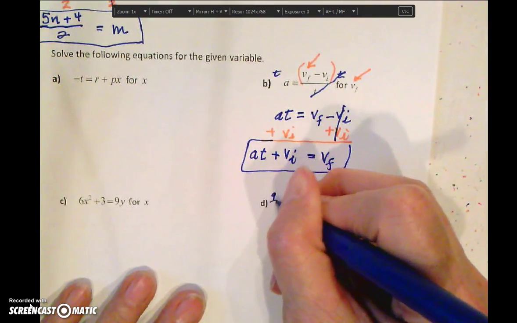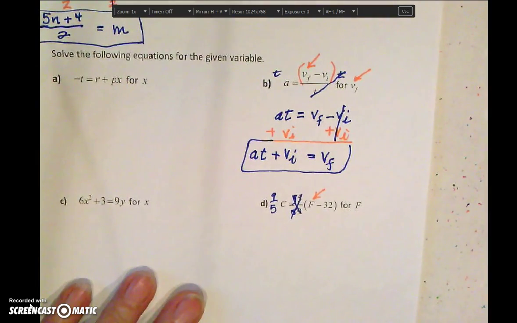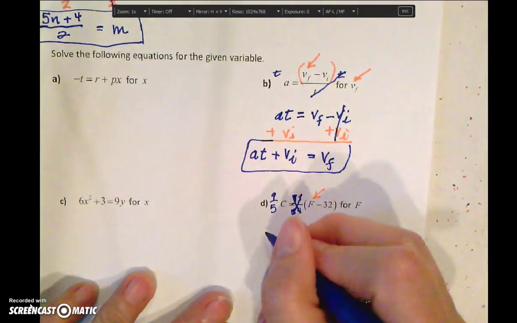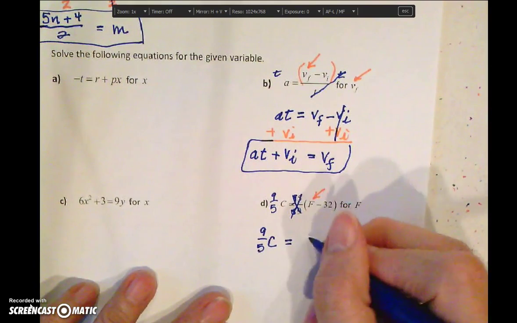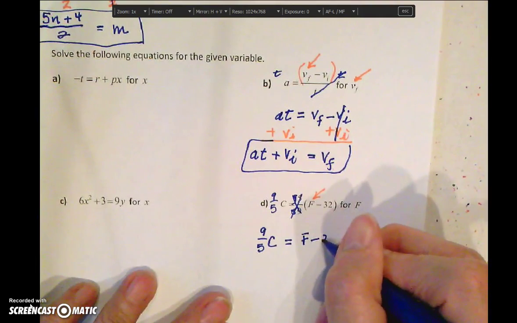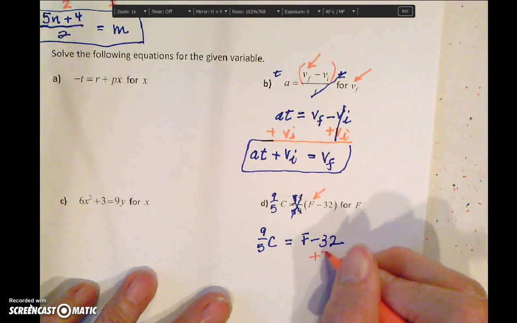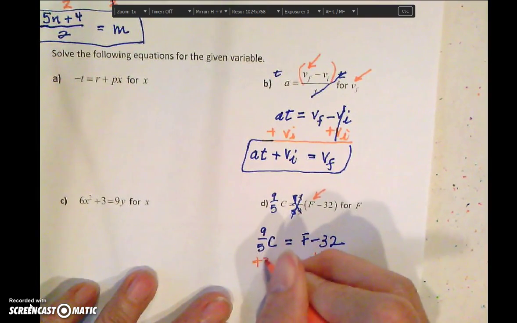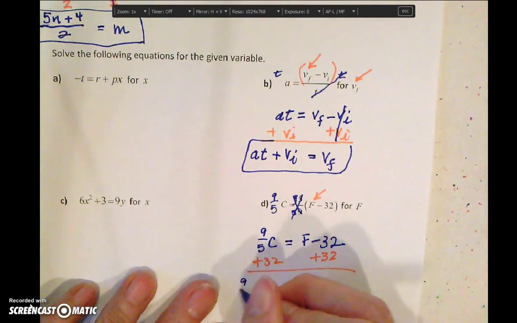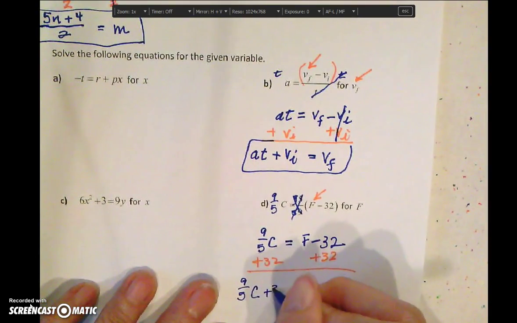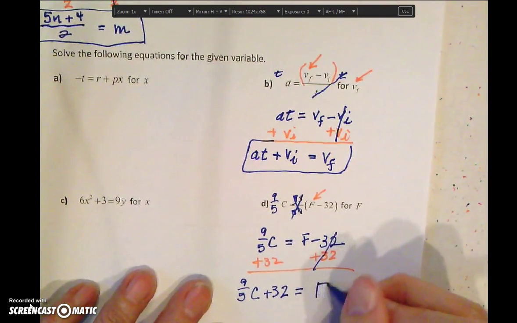So I'm going to multiply both sides by 9/5. My 9/5 are going to cancel, and that's going to leave me with 9/5 c is equal to, now I can remove my parentheses, f minus 32. Then to finish up solving, I need to add 32 to both sides, and that will give me 9/5 c plus 32 is equal to f.